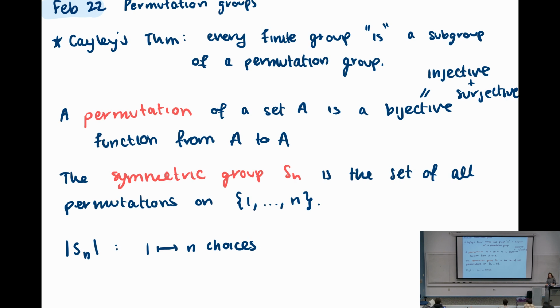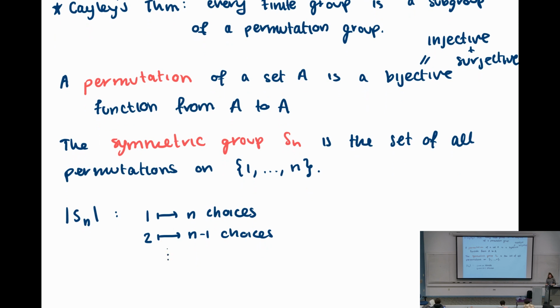And then for the second element, we can pick anything except for the element that we sent 1 to. So here we have n minus 1 choices, and so on. By the time we're deciding where to send n to, there's only 1 option left.